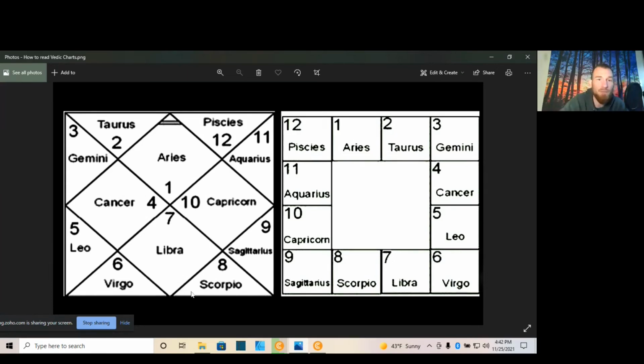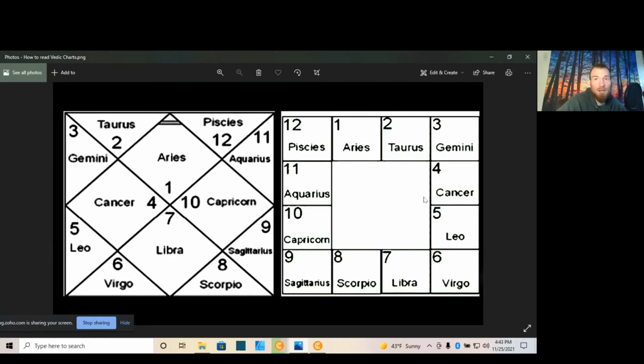The reason being is if I have two of these charts, the signs stay the same, so Pisces is always there. Say one person has their Mars in Pisces and the other has their Venus in Pisces, well, they're both going to have a planet in this top left box. So it makes it very easy to identify where the synastry points are. You can do it with the North Indian style, but the South Indian style makes it very, very obvious. It's just a quicker, easier reference, is what I found.